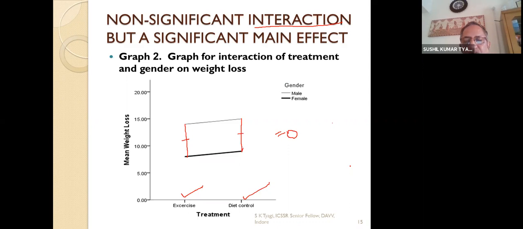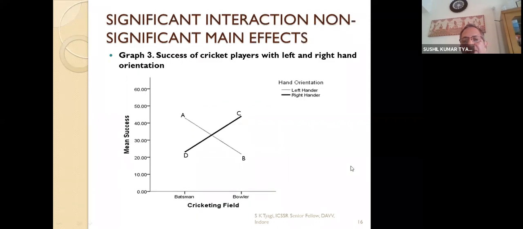Let us take one or two more examples. Take this example. Now, this is an example where the two independent variables are, one, hand orientation. We have left-handers and right-handers players.